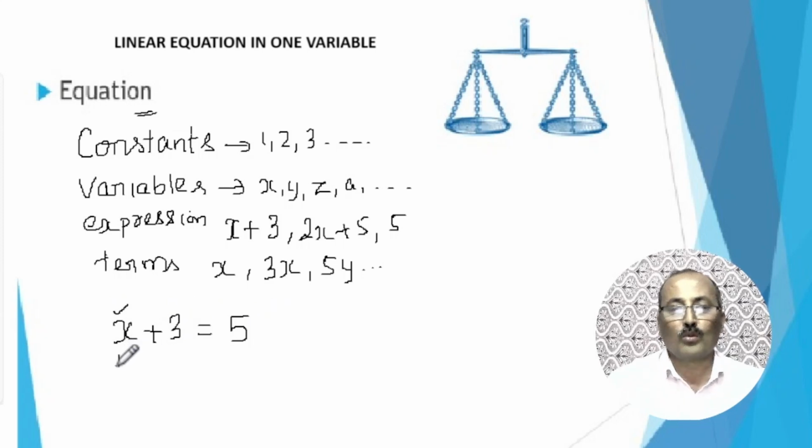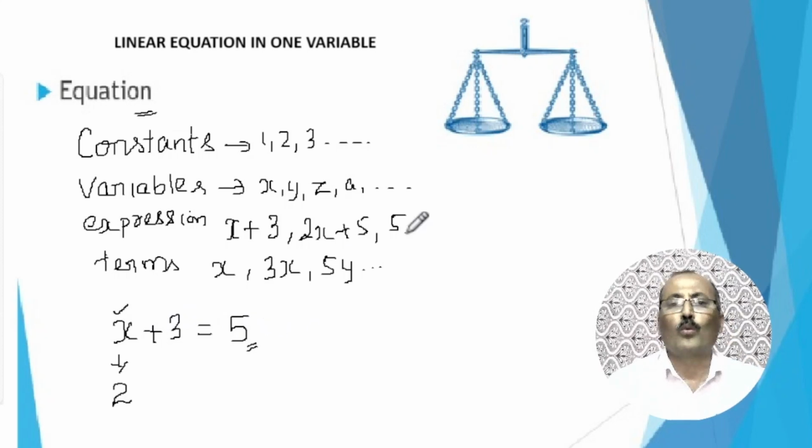That simply should be 2. 2 plus 3 equal to 5. So from here itself we can understand two sides expressions. Here in the left hand side I gave an expression, right hand side I didn't give one; in future we'll take that. So an expression equated to a constant has some value, both are equal.